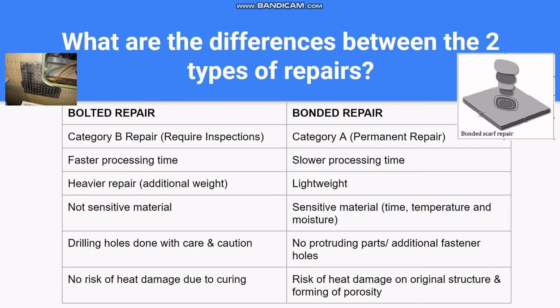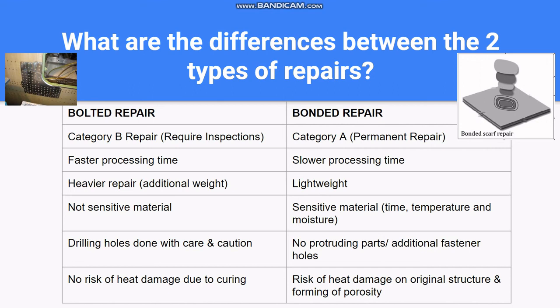For bolted repair, they have a heavier repair, which means additional weight is added for the repair, while bonded repair is very lightweight. Next, bolted repair is not a sensitive material, while bonded repair is sensitive to time, temperature, and moisture.